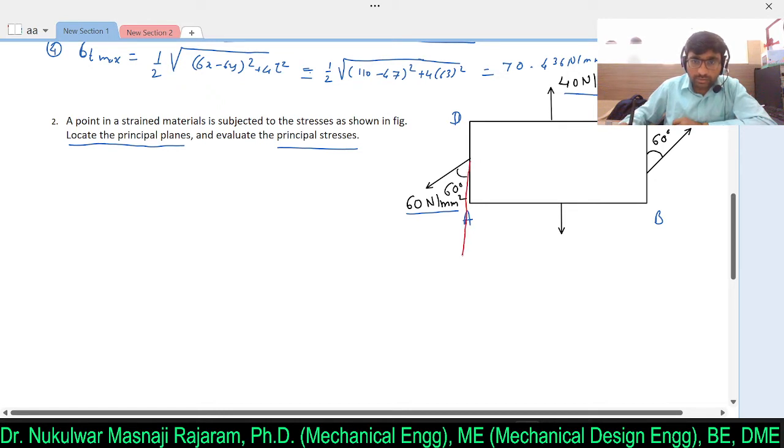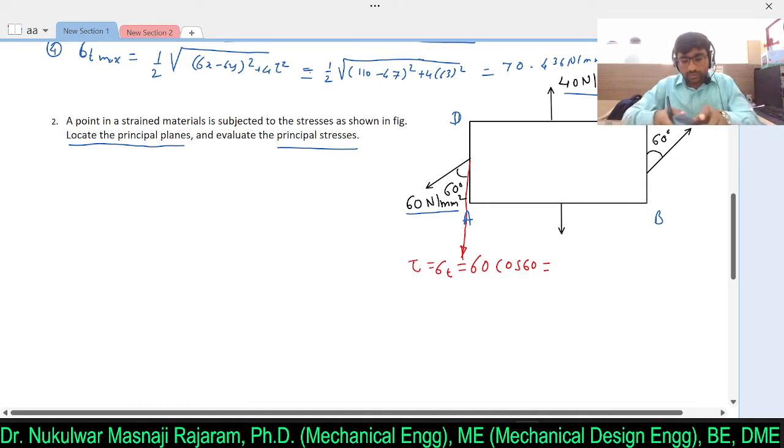Along this plane I will get 60 cos 60, that will be a tangential force, that is a shear stress. So the value is 60 into cos 60, so it is 30.